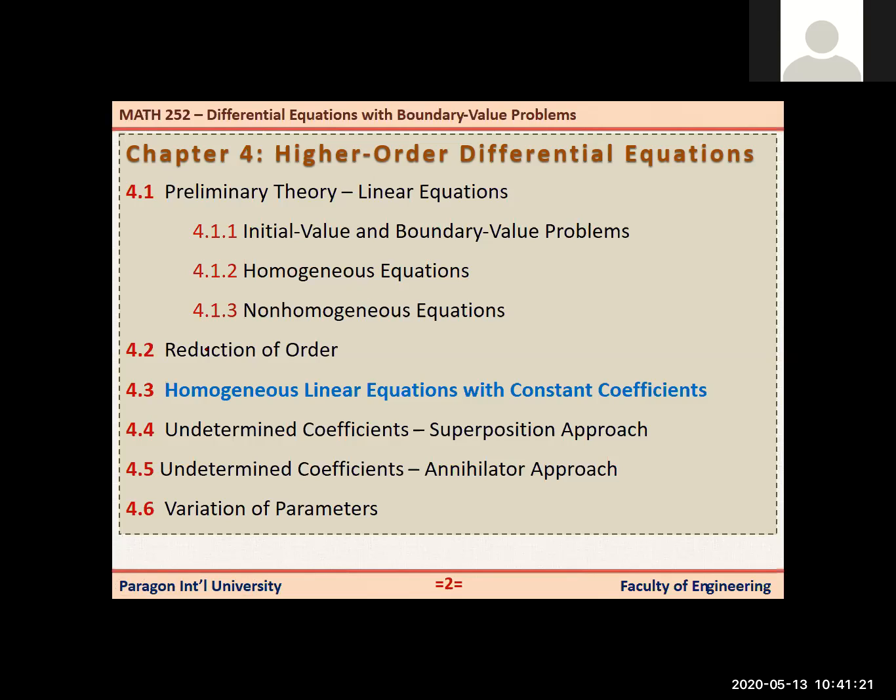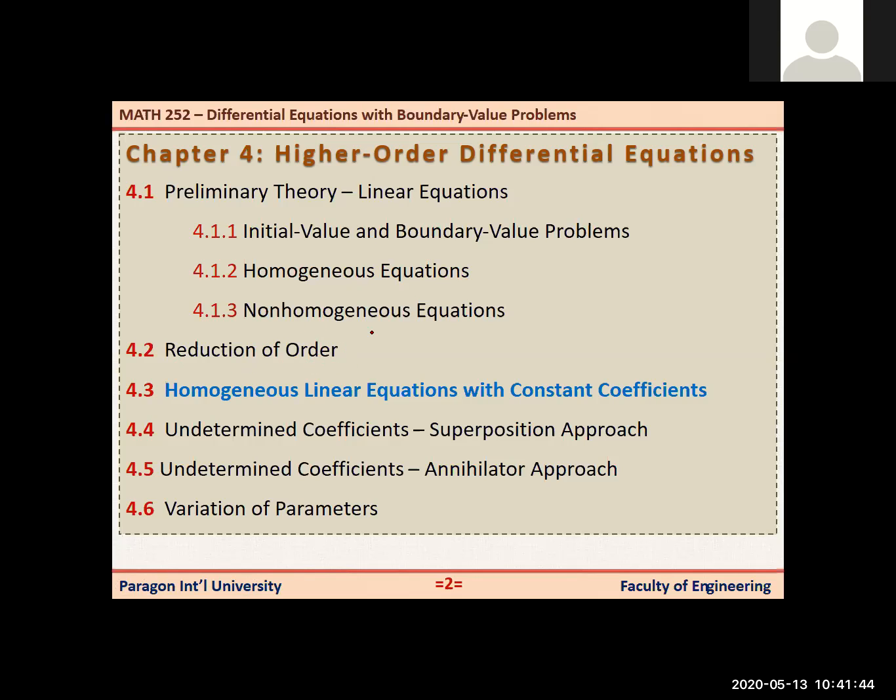After this, we studied reduction of order, the order of the differential equation. By making some substitution, we can reduce this step by step. Maybe if the order is 3, by making one substitution, we can reduce this to 2. If it is 2, to 1.